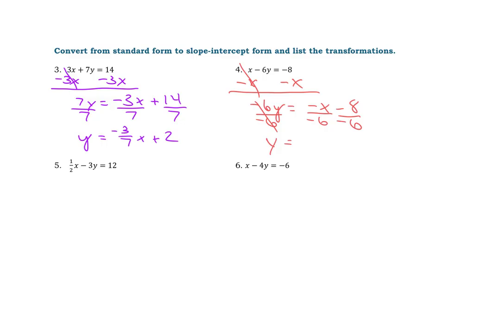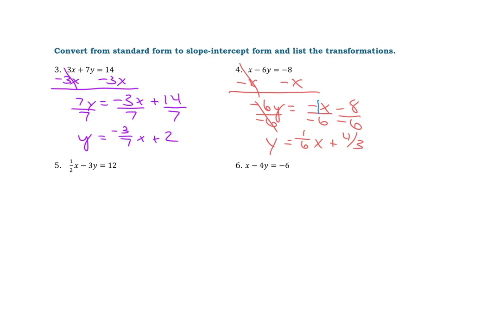Now remember, it's understood 1 when I don't have a number in front of a variable. So negative 1 divided by negative 6 is positive 1/6 x. Negative 8 divided by negative 6 is positive 4/3. Now remember, if you're not good at fractions or doing that type of division, you can rely on your calculator, but you need to make sure that you learn to do it and do it quickly.